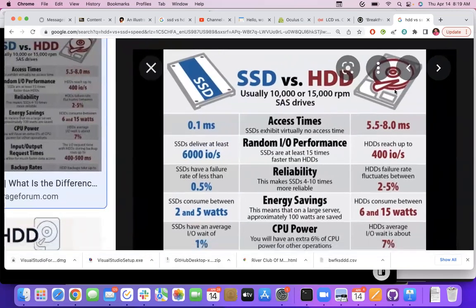So our historical hard drives, whenever you're buying a computer, if it says HDD on it, which still does exist today.